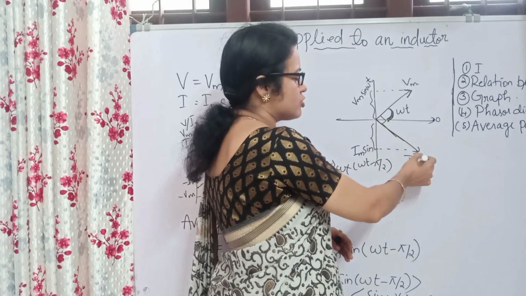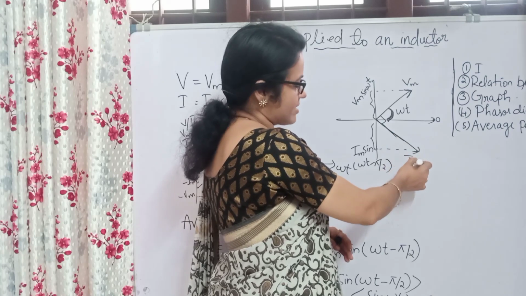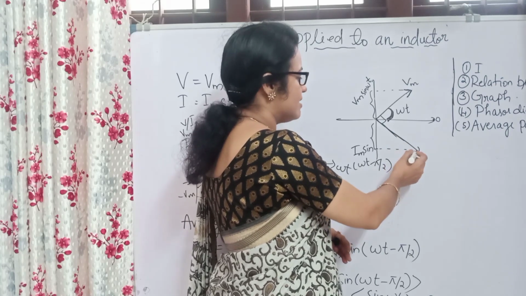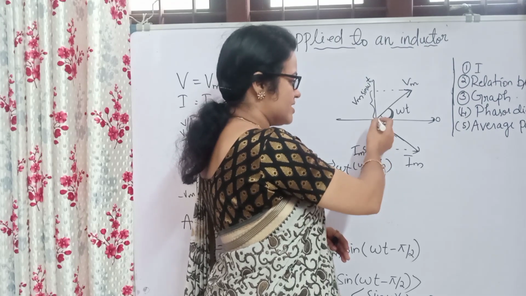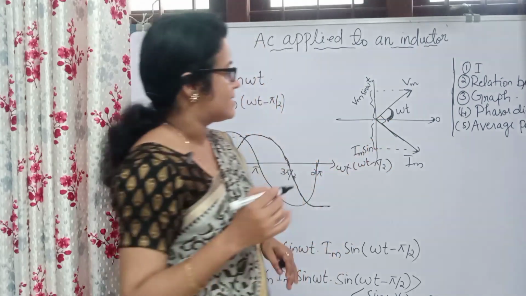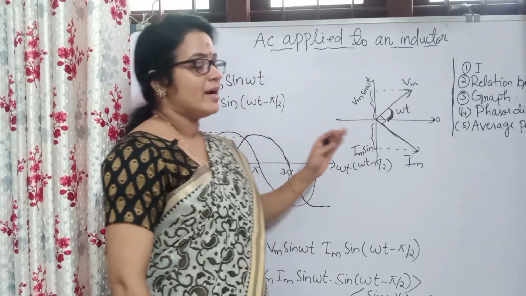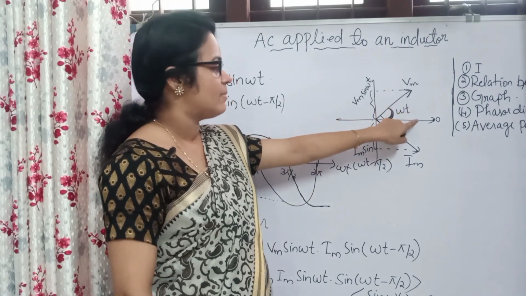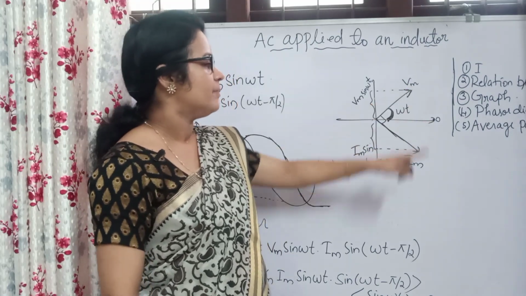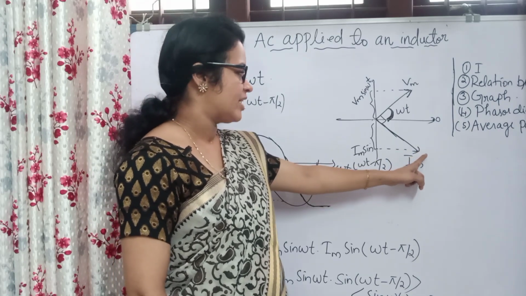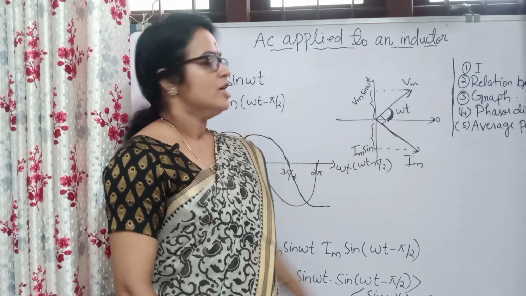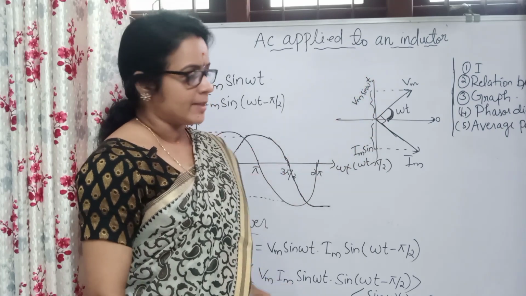So here we can draw the current Im, the maximum value of current is here, and this magnitude is shown here, Im sin omega t minus pi by 2 is here. This is the case. And you have to understand that omega t is coming in between 0 and Vm, and the maximum value of current is shown here. Okay, so that is the phasor diagram.